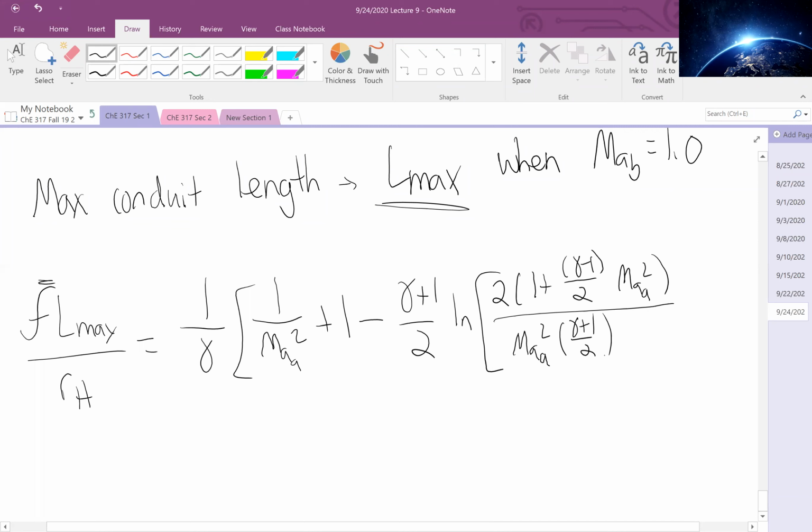No, wait, let me double check that. Oh, the 2 went away. That's right, there's a 2 in the denominator. And this is equation 6.45.